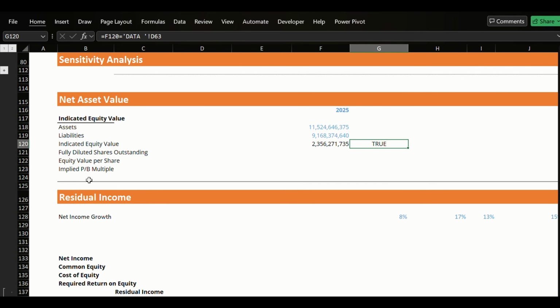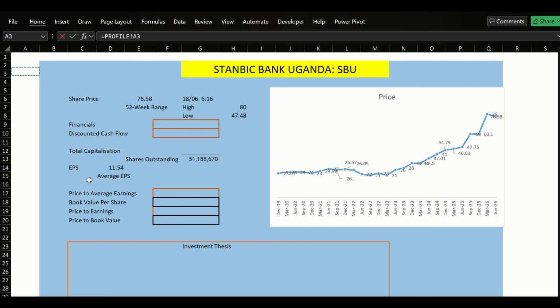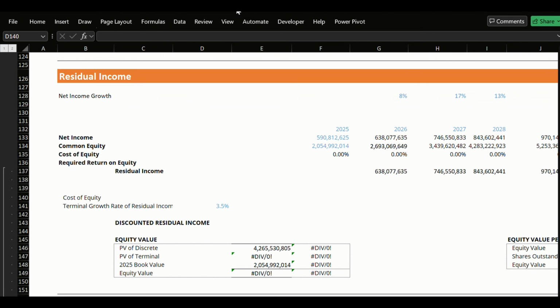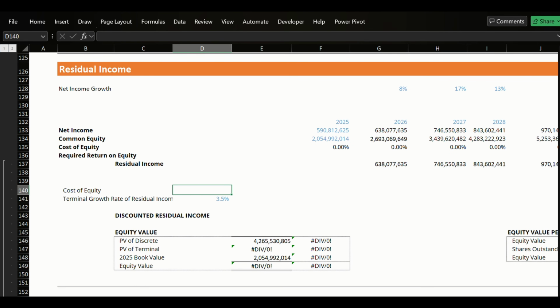So the shares outstanding will be, pick them from here, equals shares outstanding, 43. For the sake of time, I have just copied what I had in my previous analysis.